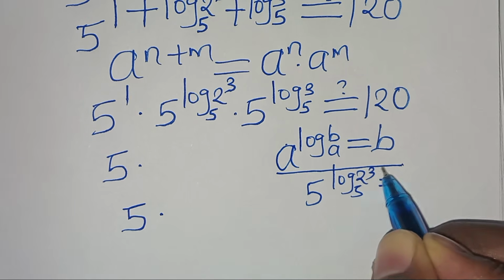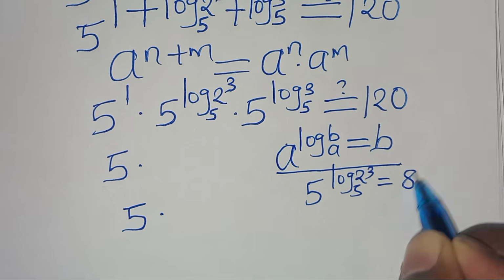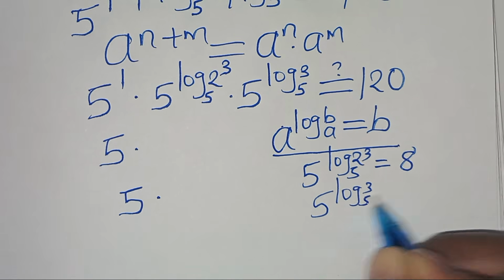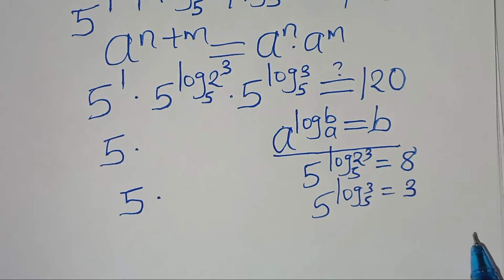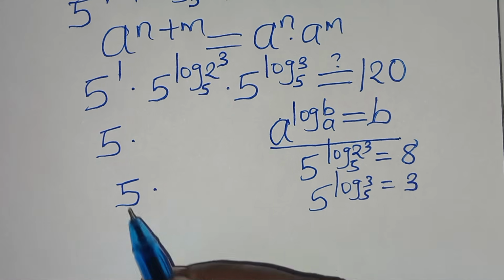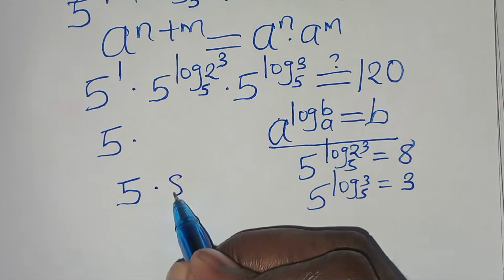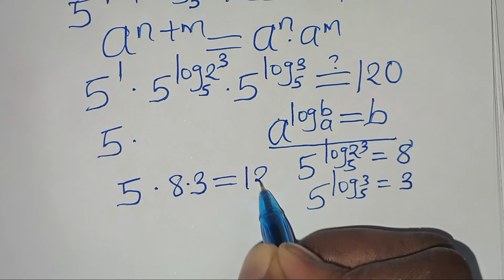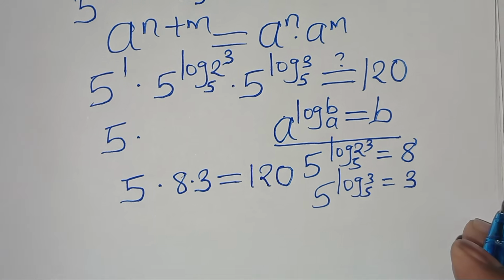This is the same thing as 2 to the power of 3, and this is equal to 8. And 5 to the power of log 3 to base 5 is equal to 3. So this means we have 5 times 8 times 3. This is supposed to give us a value of 120.